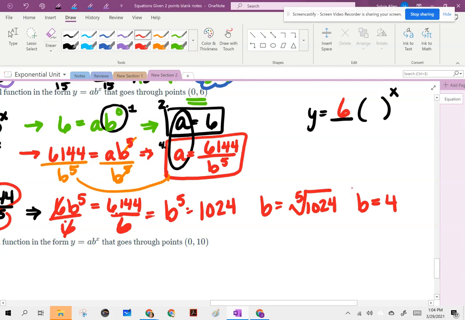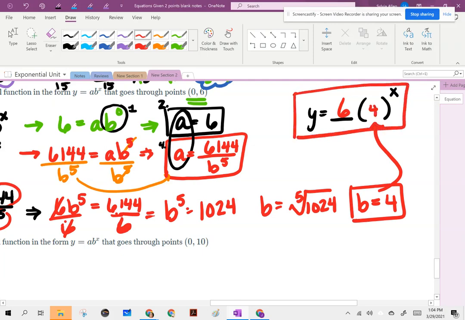If b is equal to 4, box it. Remember that that's the whole point of what you were trying to find. And because we plugged in a at the time that we found it, we're done. However, remember what the last thing was. If you didn't find a is equal to 6, what you could do is then take this value right here.